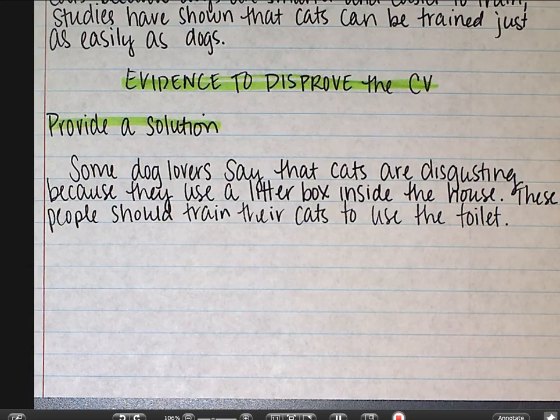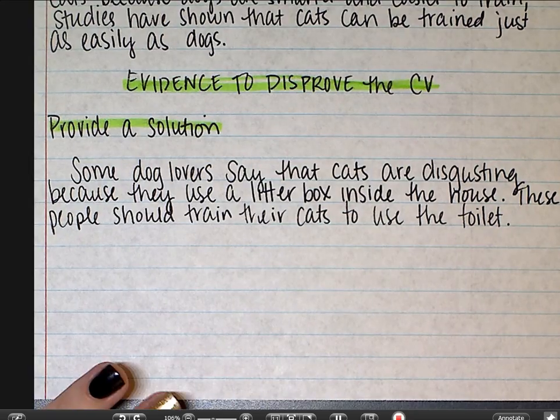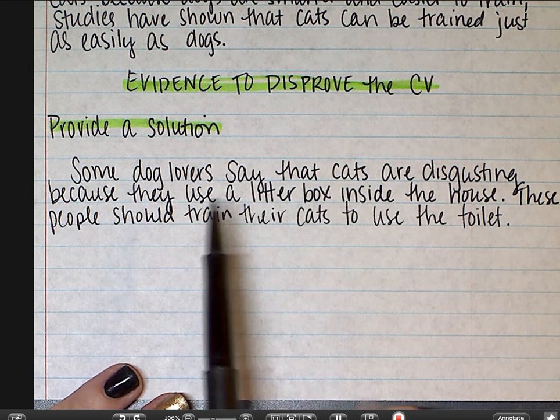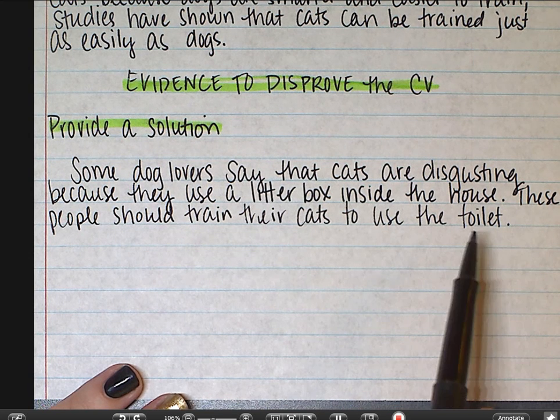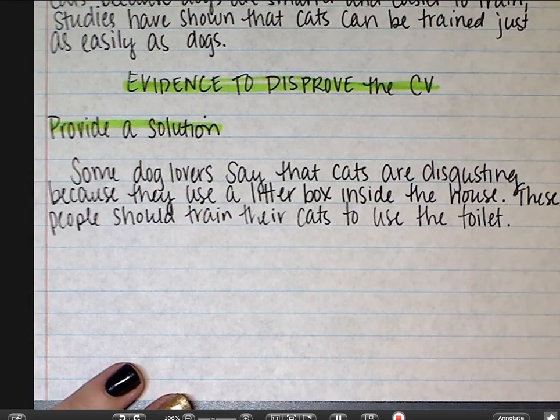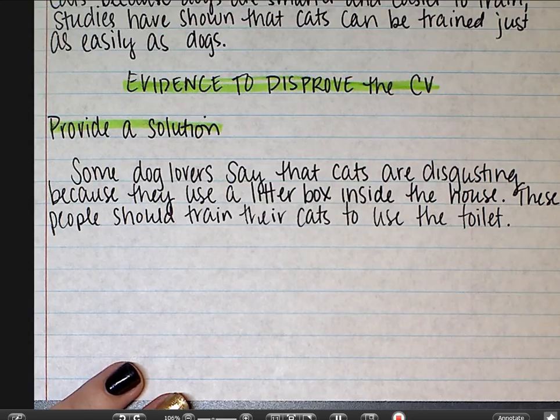So whenever your author provides a solution, they provide a solution to the problem. Their response to a conflicting viewpoint is providing a solution to the problem. The problem is that cats are gross because they use a litter box inside. The solution is, well, train your cat to use the toilet. You could also get an automatic litter box so that you don't have to scoop their poop.